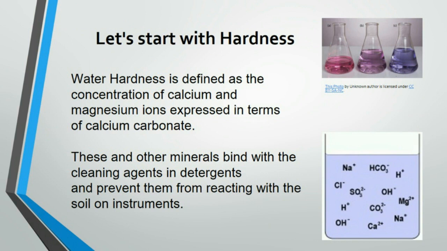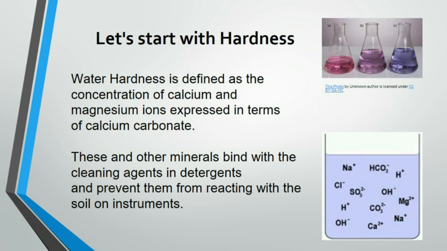Water hardness is defined as the concentration of calcium and magnesium, as I said before, expressed in calcium carbonate. So these and other minerals bind with cleaning agents in detergents and prevent them from reacting with soils on instruments. We want those cleaning agents, those enzymes, to work for us. They're supposed to help us.